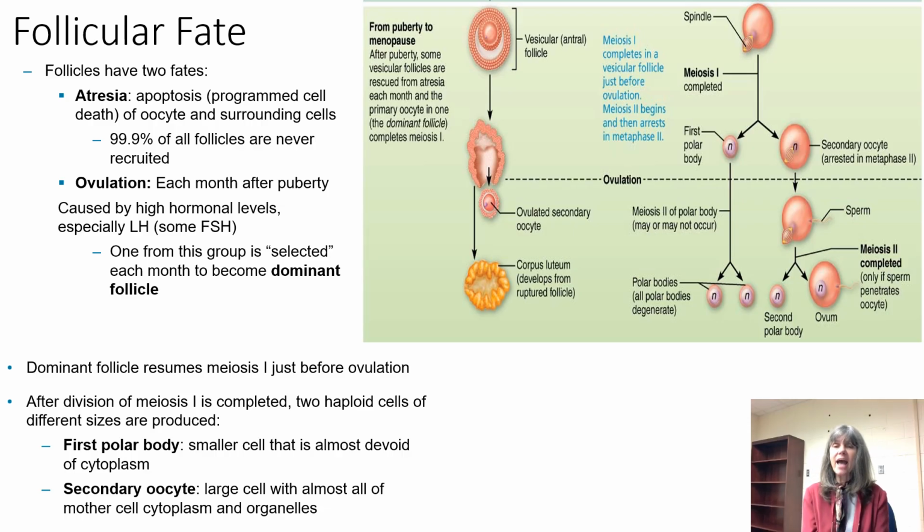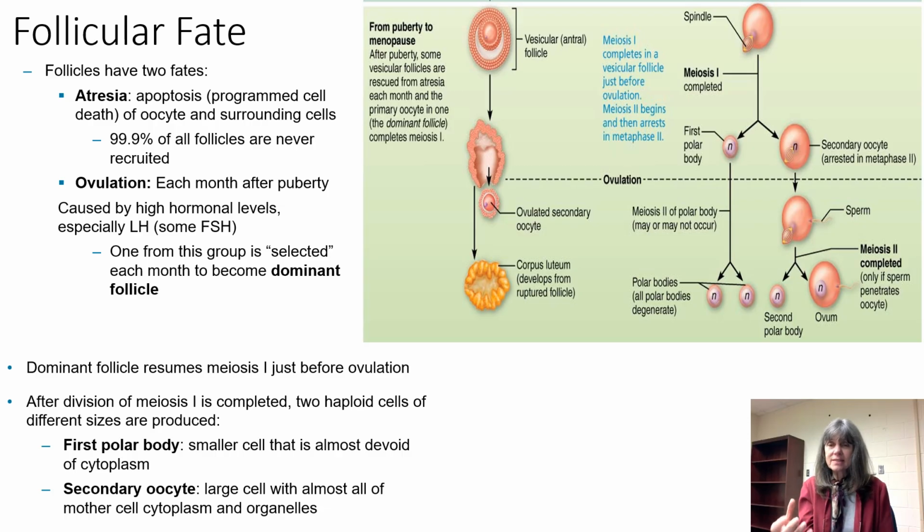So if we look at the top of this picture, you can see that at the end of meiosis 1, there is a cell just above it that has a little spindle process sticking off of it.